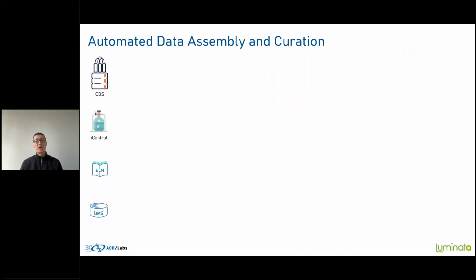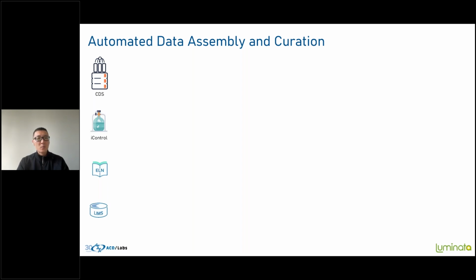So I just wanted to give you a quick example of our automation services that are currently deployed. This is one solution that's been used within our Luminata application area that supports CMC decision making.